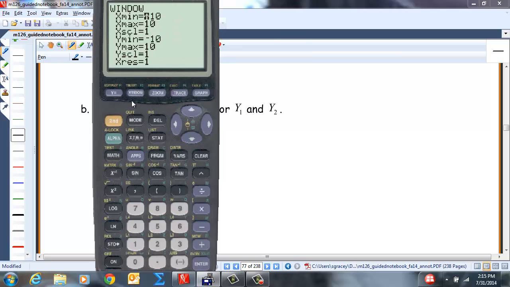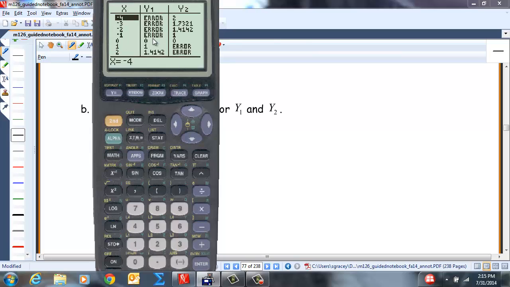Second table set. So let's start the table at -4 is fine to start. Let's have the change in table be 1. Let's see what that looks like. Second table. That'll get us what we need.